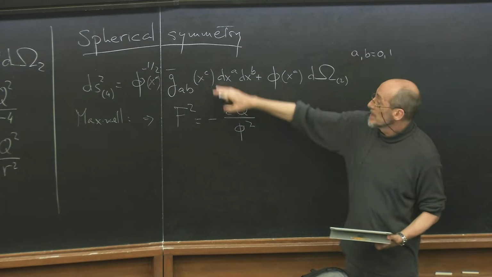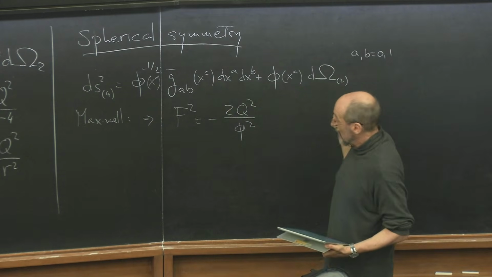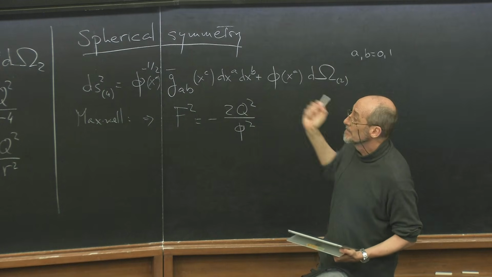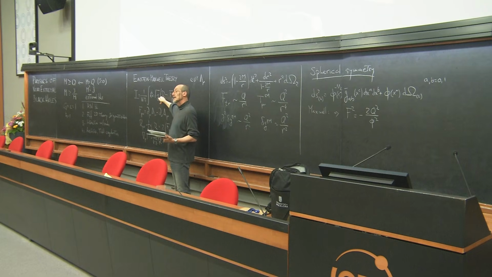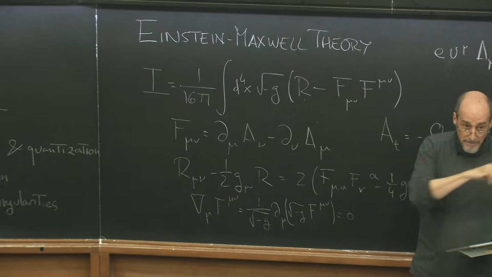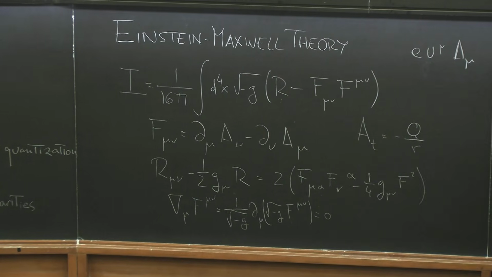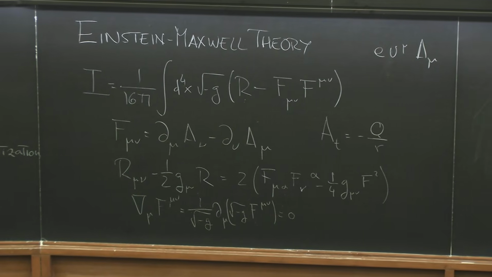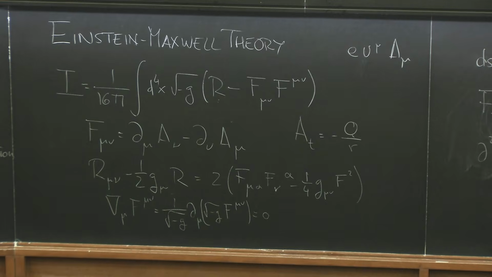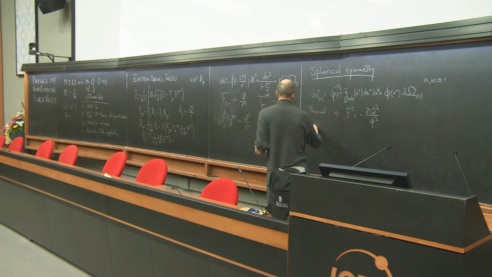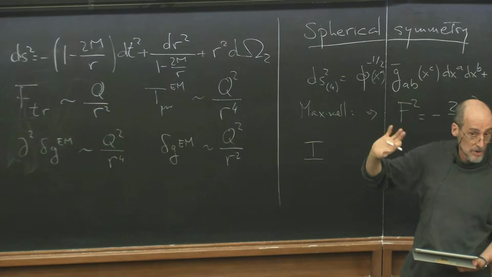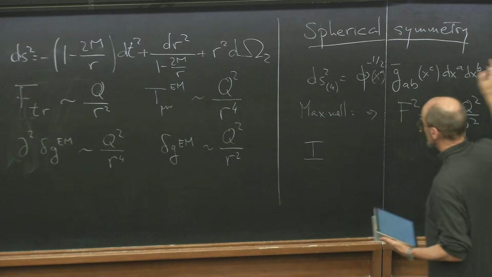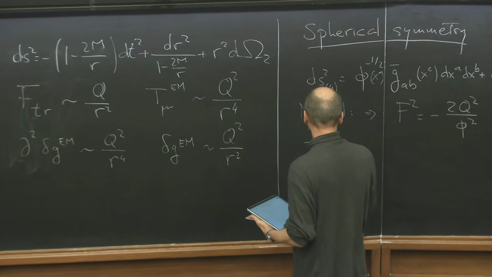And then once you have this, you can plug this ansatz for the metric into the action. You can compute the four-dimensional scalar curvature for this metric, and express it in terms of the curvature scalar for the two-dimensional metric. After some manipulations, you integrate over the directions of the sphere. Everything will just depend on the TR directions, the X A and X B directions.